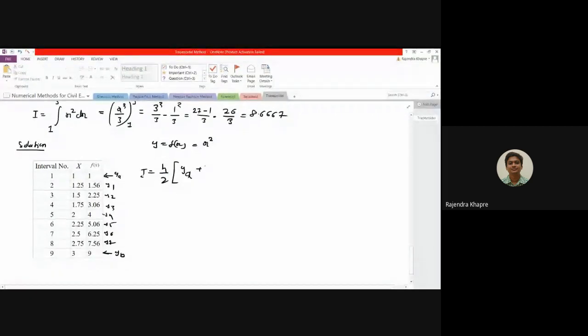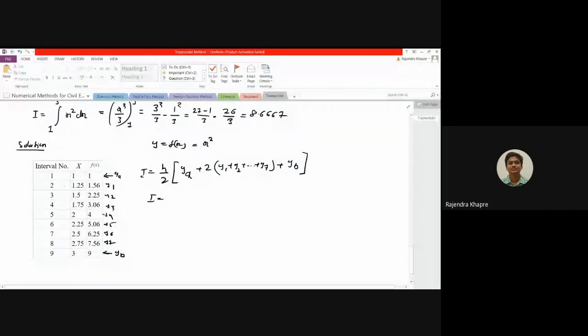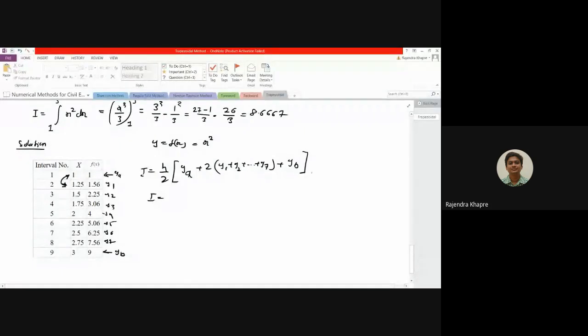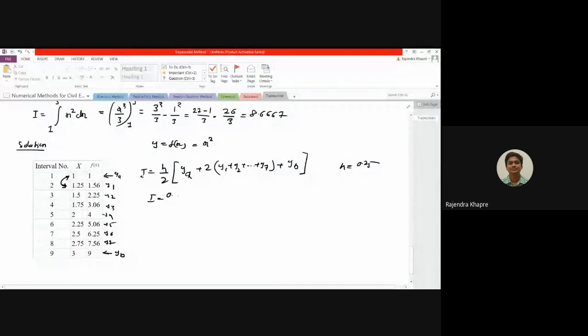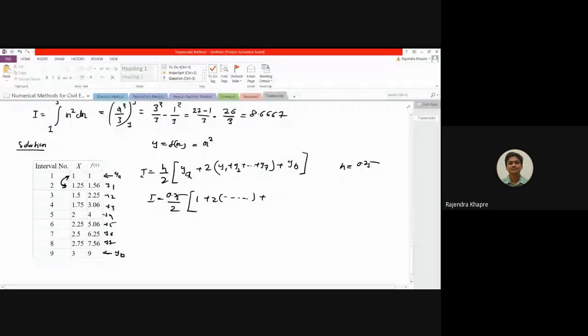So this is 2 times y1 plus y2 plus so on up to y7, plus yb. What will be the value of h over here? h is nothing but the distance between two consecutive values. So your h will be 0.25. So this is 1 plus 2 times all these terms plus 9.